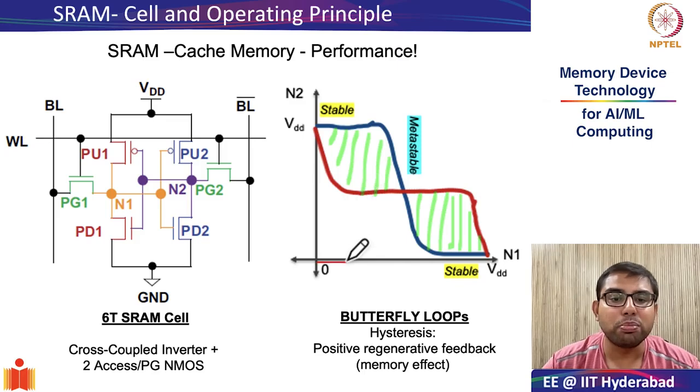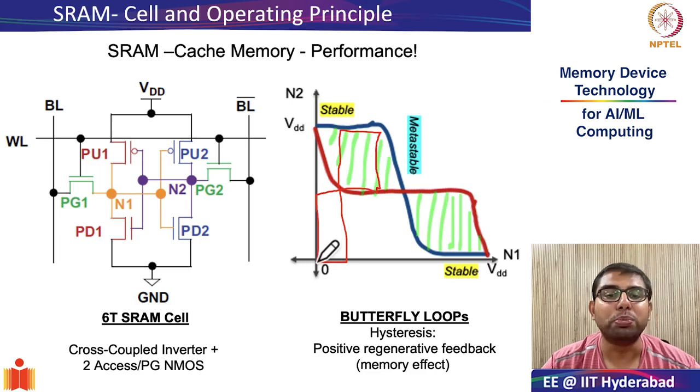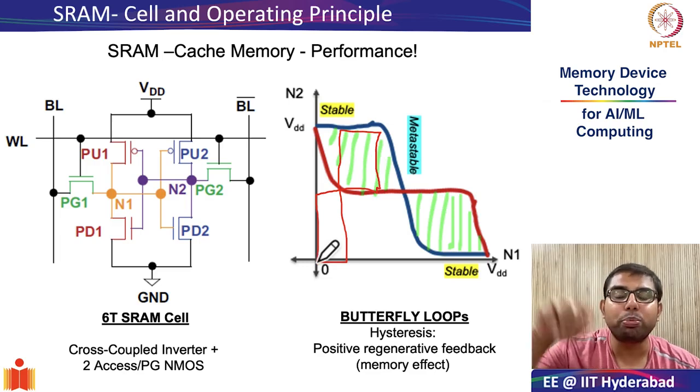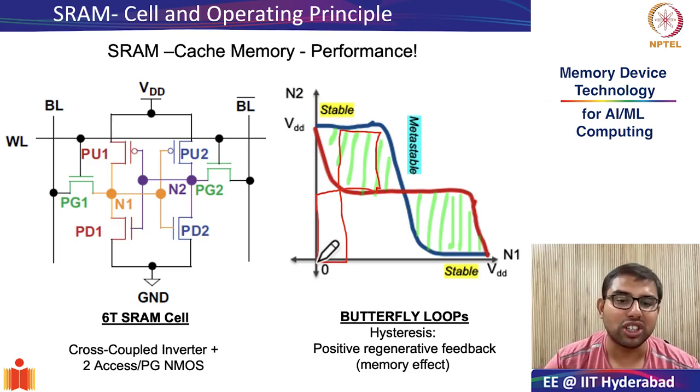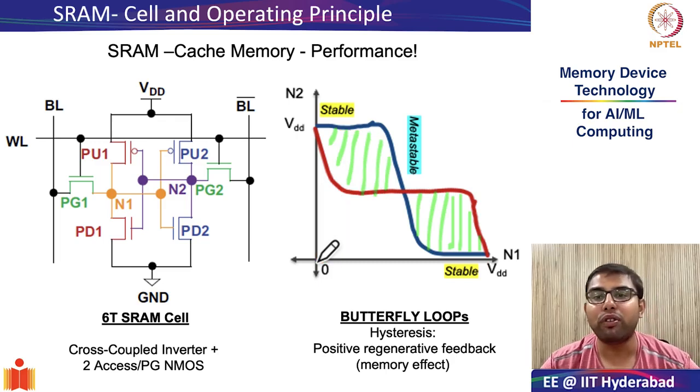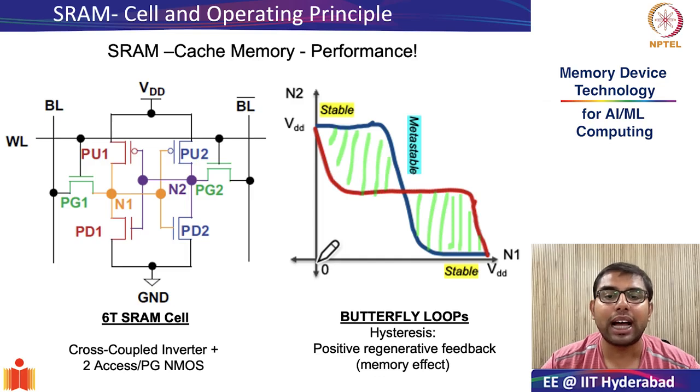So if a small bit of noise comes into the internal storage node N1, while bouncing off the hysteresis loops, it again comes back to its original position. This positive regenerative feedback was responsible for making sure that this system has a reasonable noise margin.